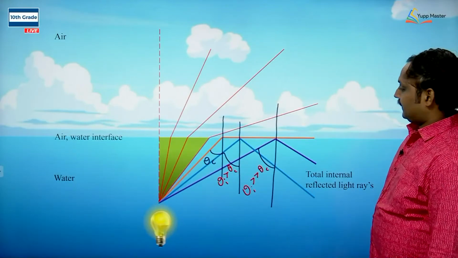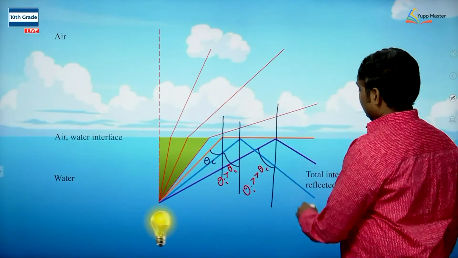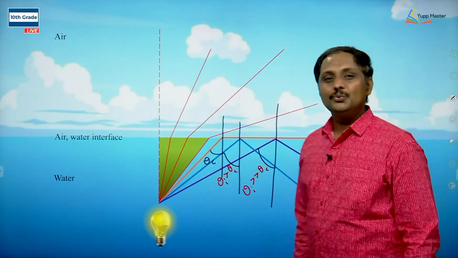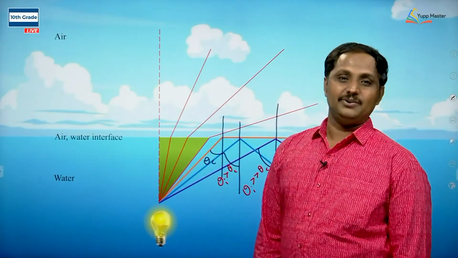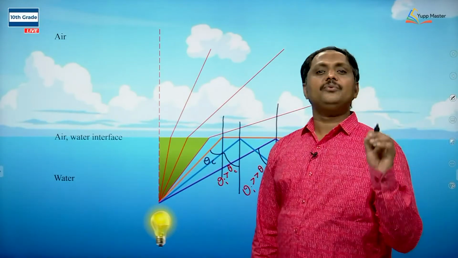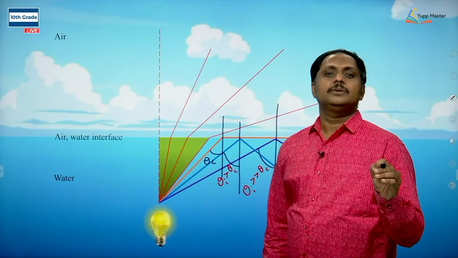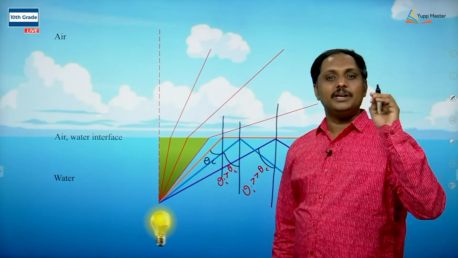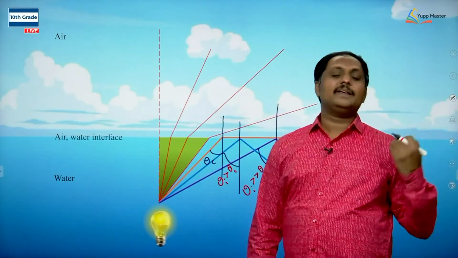That is the next case we can take. Here all the light rays that are incident get back, right. What do you know about total internal reflection? It is the phenomenon in which the incident light rays are reflected back into the same medium.